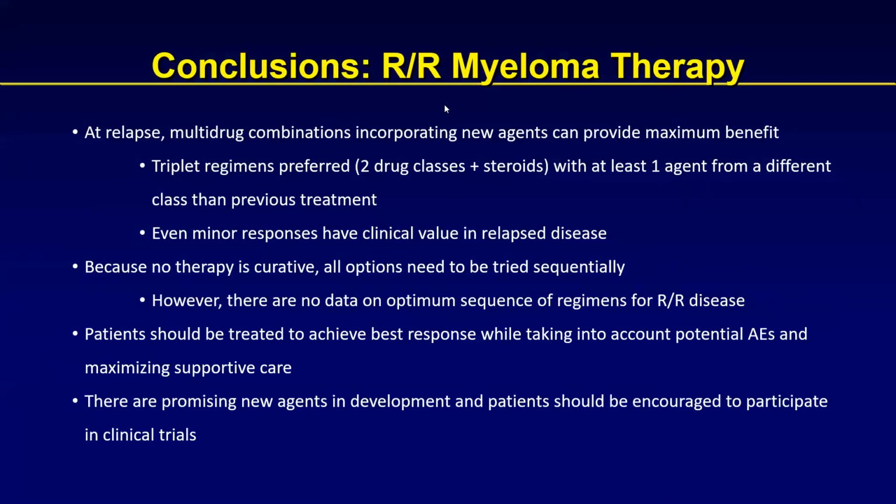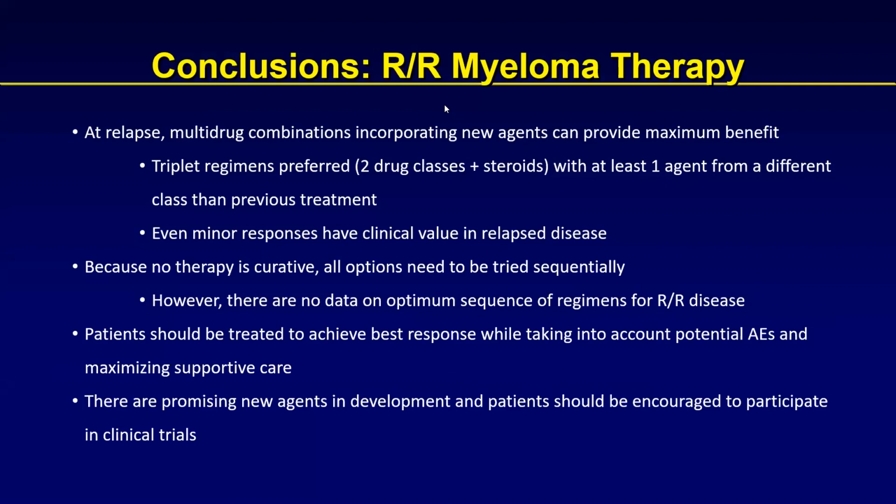So this is the conclusion when we are talking about relapsed refractory myeloma therapy. At relapse, multi-drug combinations incorporating new agents can provide maximum benefit, but keep in mind that triplet regimens are preferred, i.e. 2 drug classes plus steroids with at least one agent class newer than previous treatment. Even minor responses have clinical value in relapsed disease.